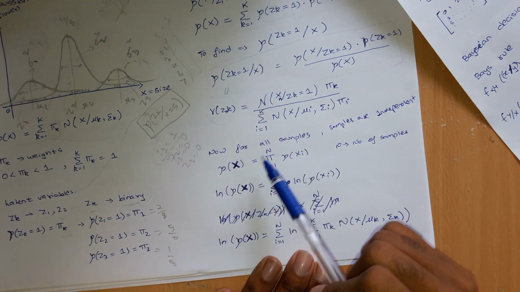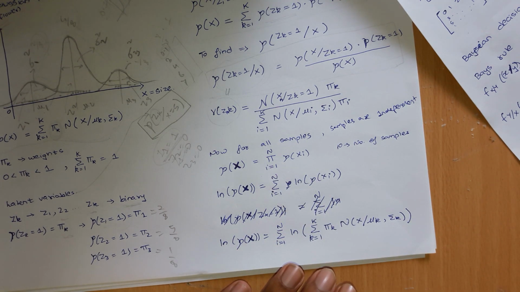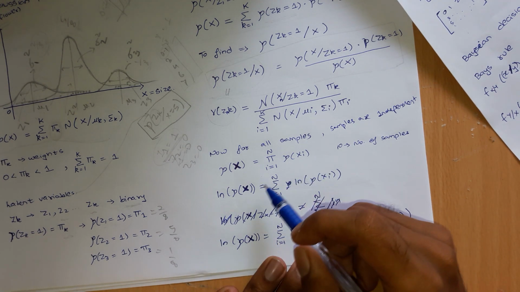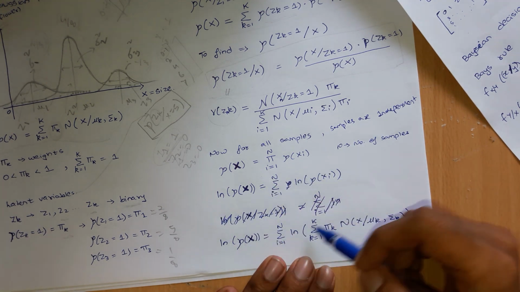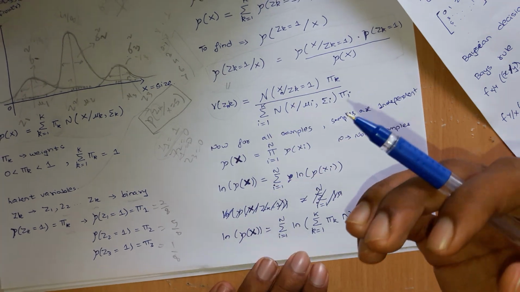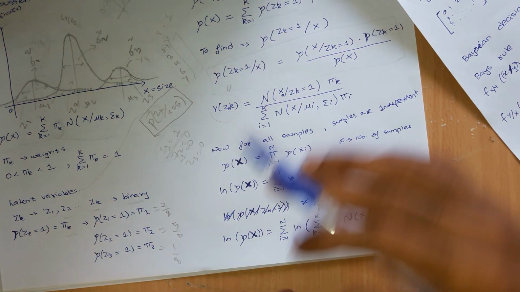So the product will again tend to 0. This is the same case that we see in maximum likelihood and such parameter estimation problems. So we take the log, and this solves the problem of getting a 0 here.